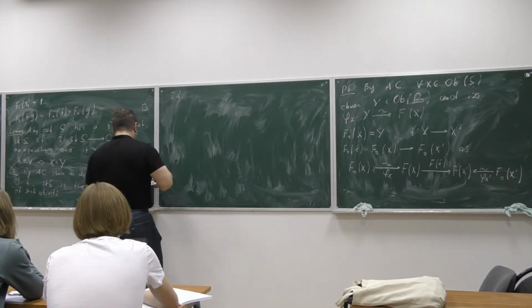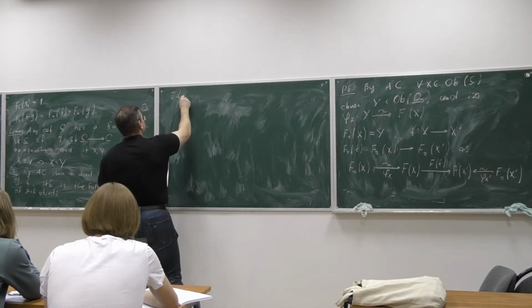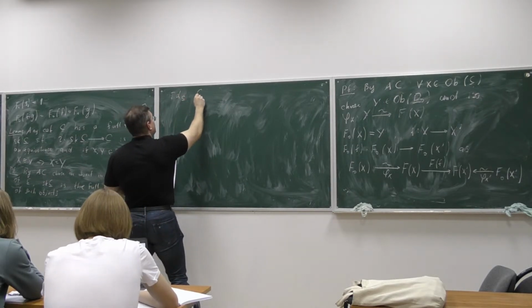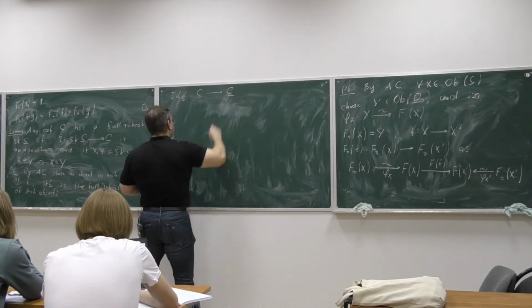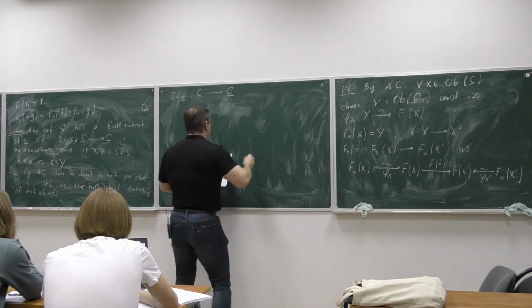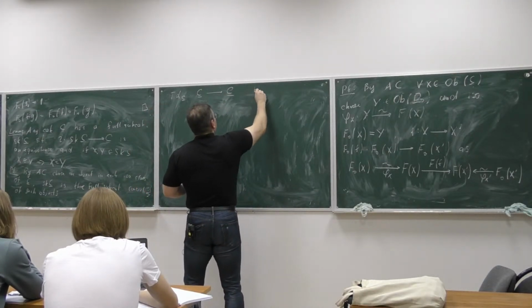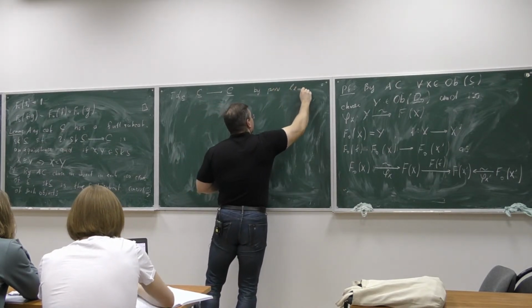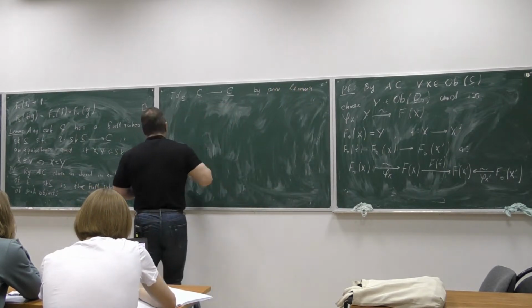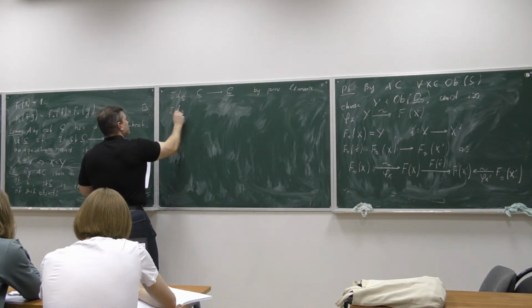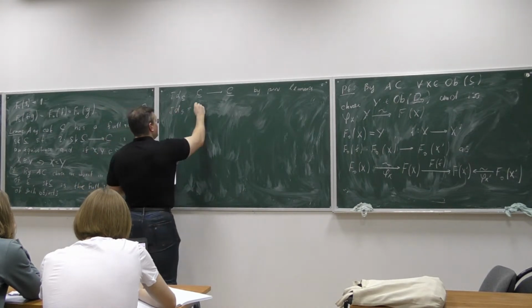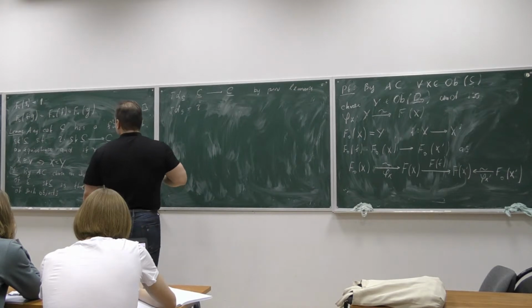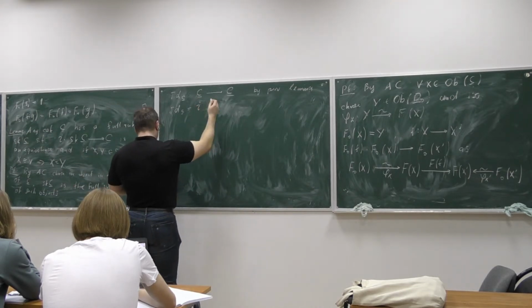Okay, so then we do the following. We take the identity functor from C to C and apply the previous lemma. So by the previous lemma, we can write this identity on C as the composition of the embedding, iota, and some functor.